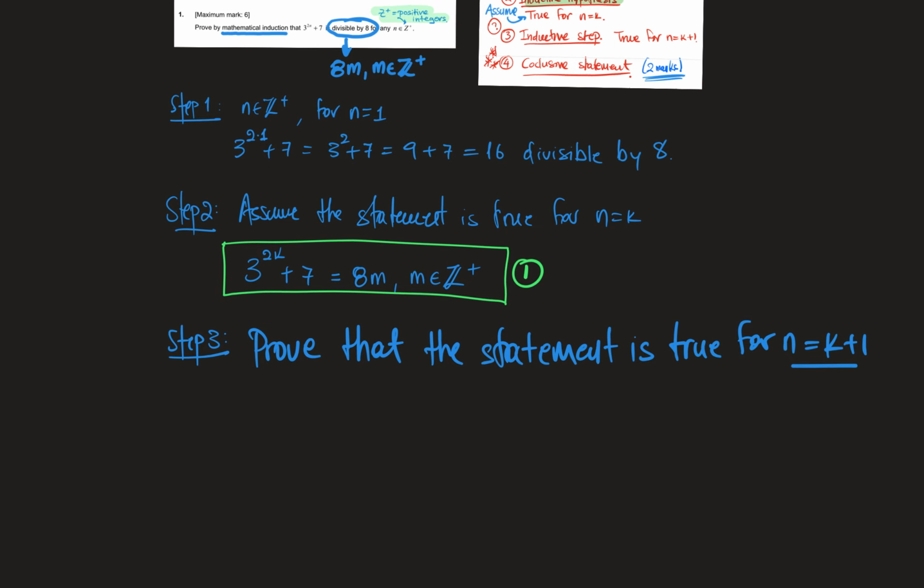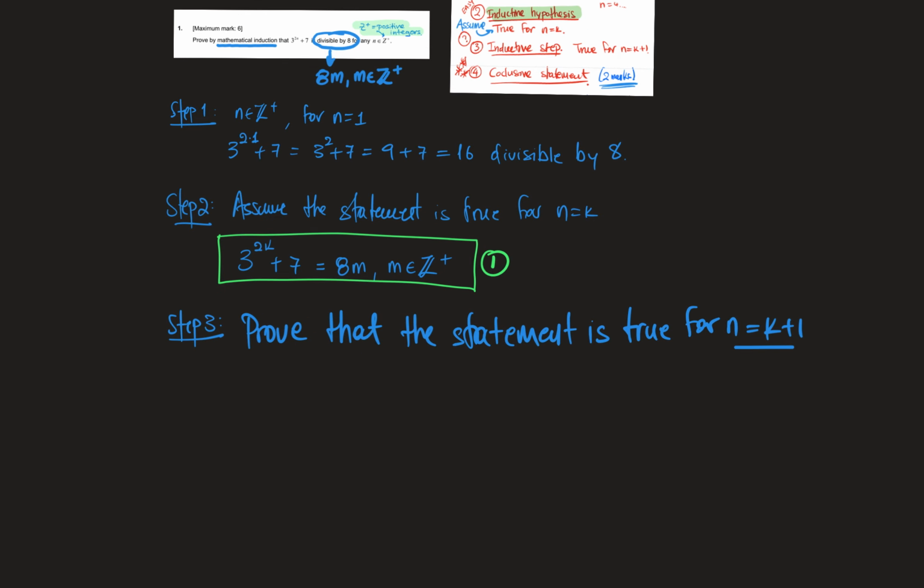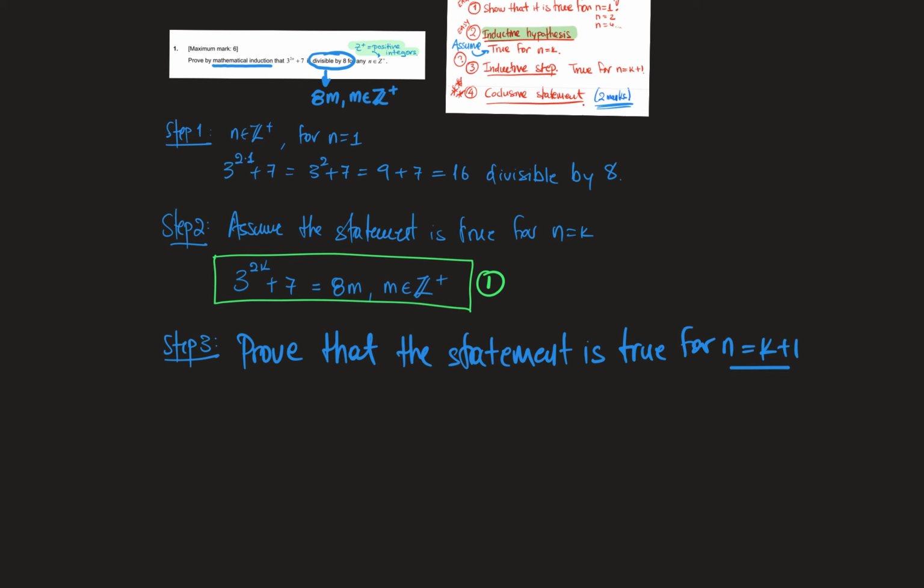We take the original statement, 3 to the power of 2n, and n will be replaced by k plus 1. So 3 to the power of 2 times (k plus 1), plus 7, is also to be divisible by 8.